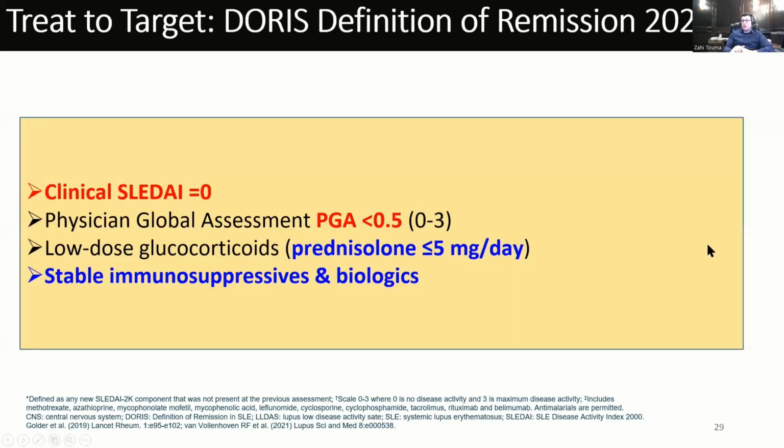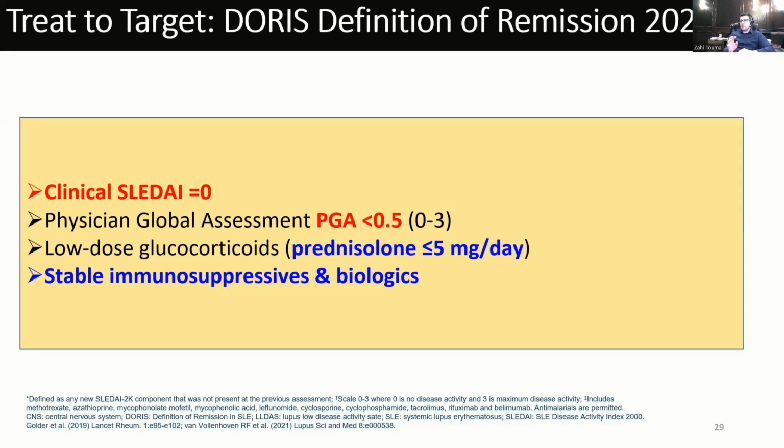The next tool is the DORIS, which is a definition of remission. And DORIS is more stringent than LLDAS. You can see here it's a clinical SLEDAI equal to 0. So remember, SLEDAI has 2 components. Serological, particularly dsDNA antibodies, which gives you a weight score of 2, and C3 or C4, which gives you as well a weight score of 2.